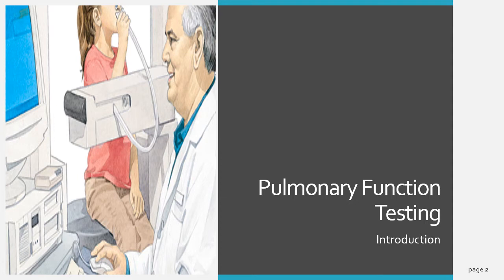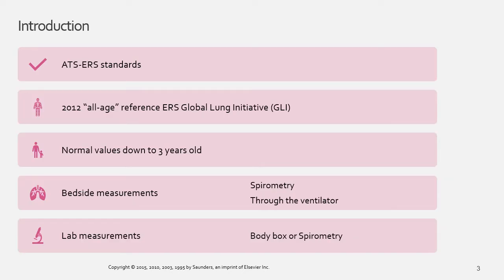The American Thoracic Society and European Respiratory Society, ATS and ERS, publish standards and guidelines for testing system performance, characteristics, quality control, and test methodology for children that are preschool aged through adolescence.